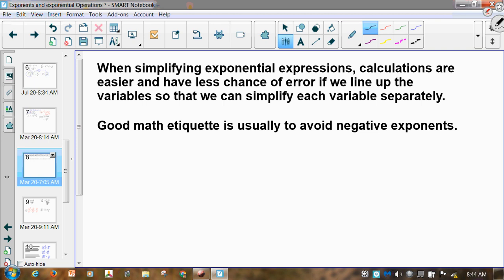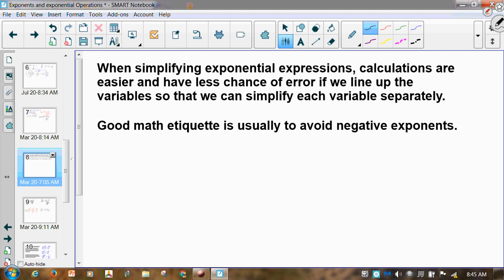So let's suppose we had a b, a c, and a d variable and a couple of numbers in there. We would try to put all the numbers together in the numerator and put them together in the denominator. And then what we would do is we would execute the various exponent operations for each variable separately and then see what we end up with. Okay, so let's just see what that looks like.